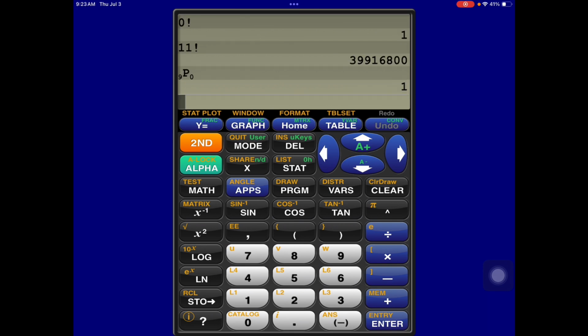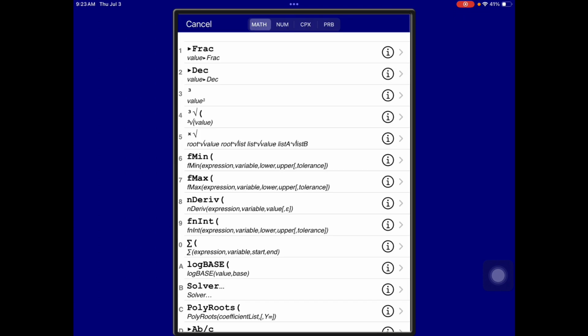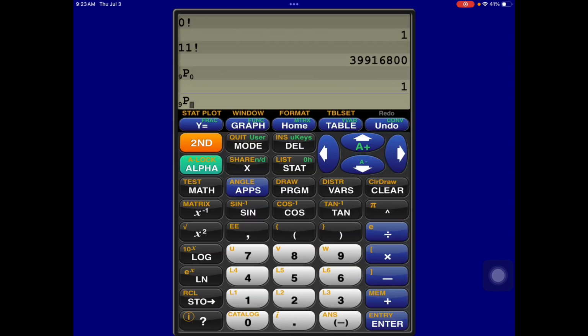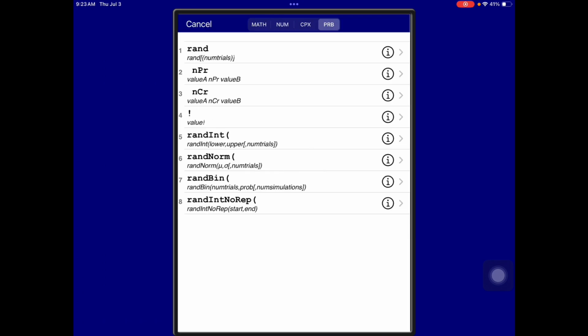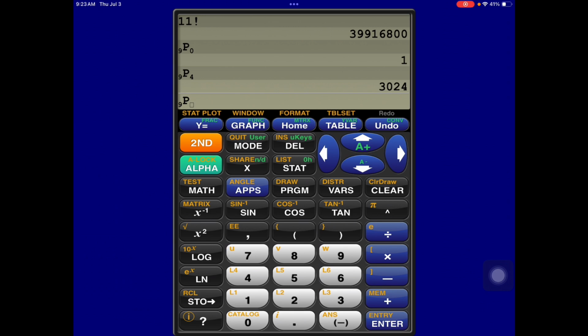For part E, we have 9, go to math, PROB, permutations, and the second digit that we have is a 4, select enter. And then for F, we have 9, then go to math, PRB, nPr, second digit's a 9, select enter.